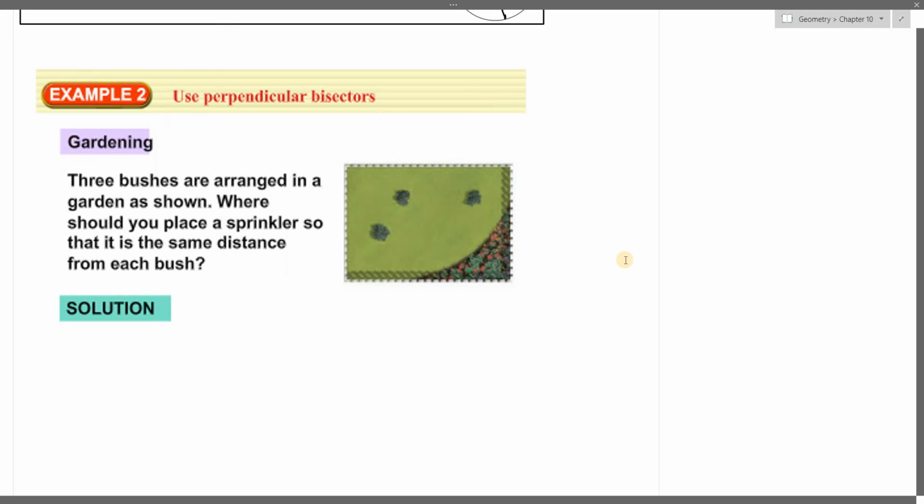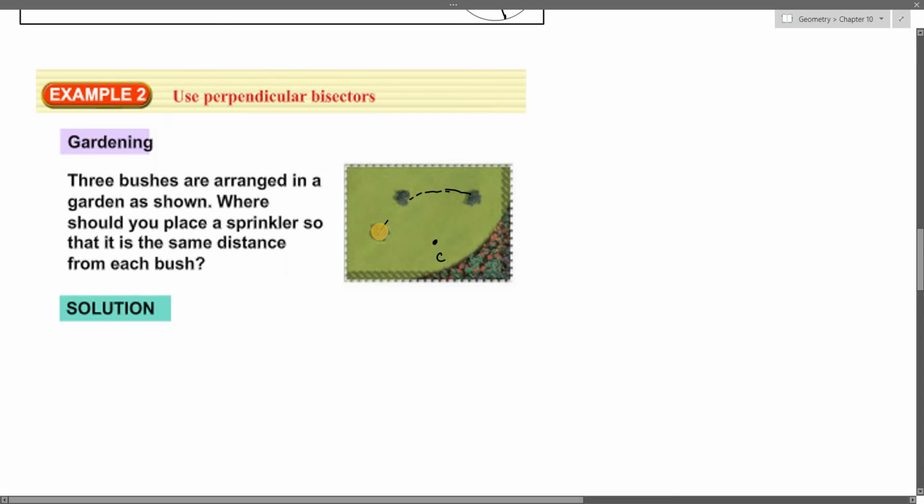So it says gardening. Three bushes are arranged in a garden as shown. Where should you place a sprinkler so that it is the same distance from each bush? Well, first of all, if you want it to be the same distance from each bush, it sounds like to me you have just defined perfectly a circle. And so we're thinking, okay, here's my center, and here is the arc that makes up my circle.